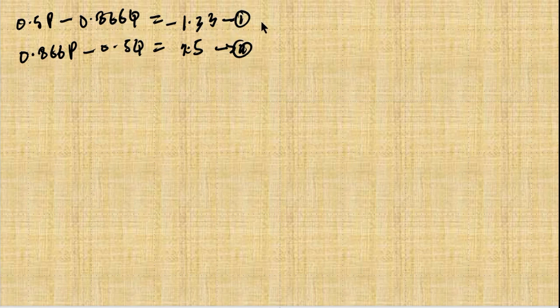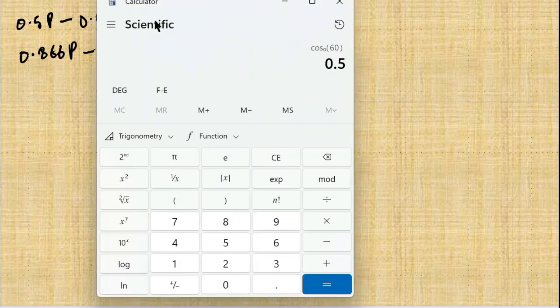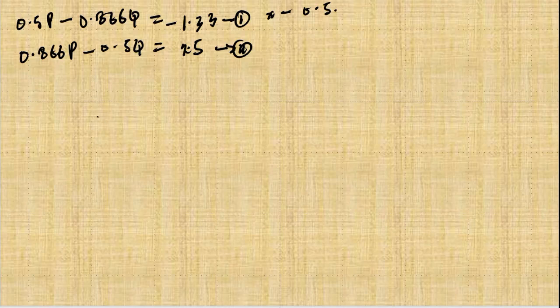I want to multiply equation 1 by minus 0.5 so that I can use basic simultaneous equation. That is 0.5 times 0.5, that equals 0.25P.